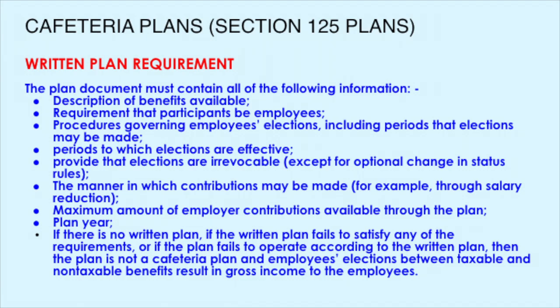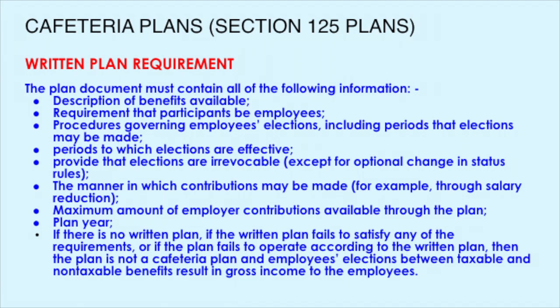Other things that the plan should indicate are the procedures governing the employees' elections, including periods in which elections may be made and periods to which elections are effective. The plan must provide that elections are irrevocable, except for optional change of status rules, which we will discuss later. It should also state the manner in which contributions may be made, for example, through salary reduction.